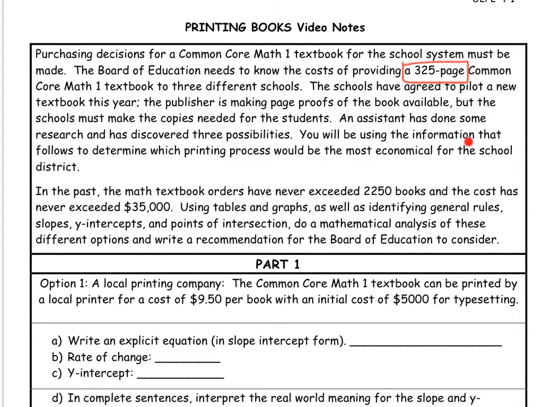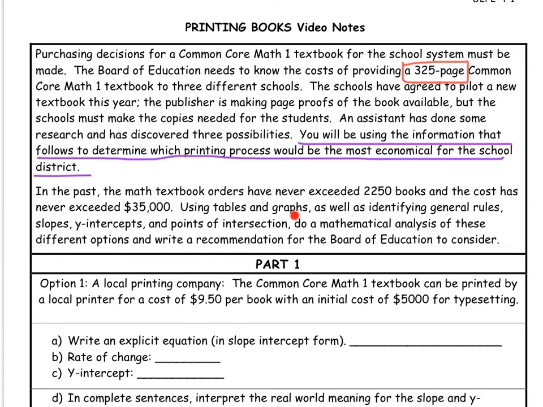You will be using this information that follows to determine which printing process would be the most economical for the school system. So in the past, the math textbook orders have never exceeded 2,250 books, and the cost has never exceeded $35,000.